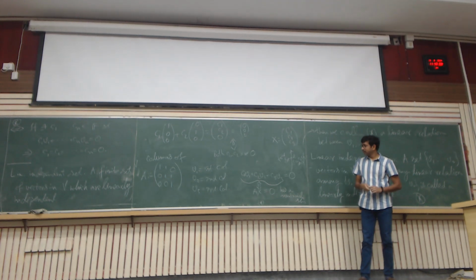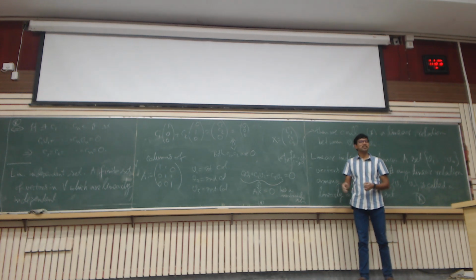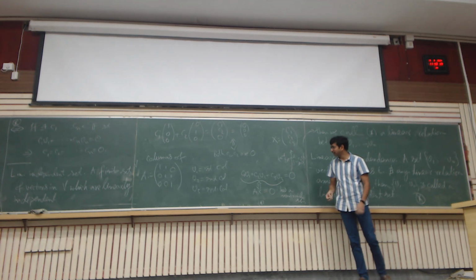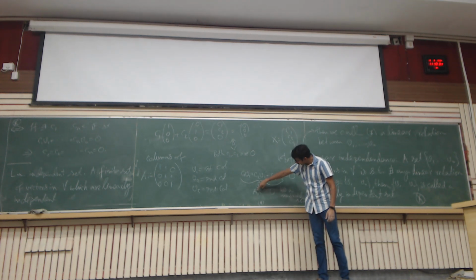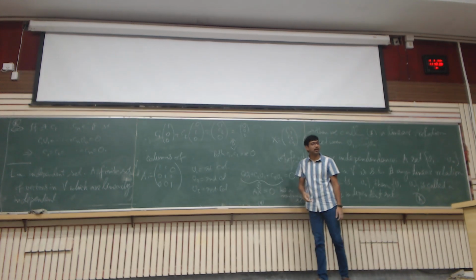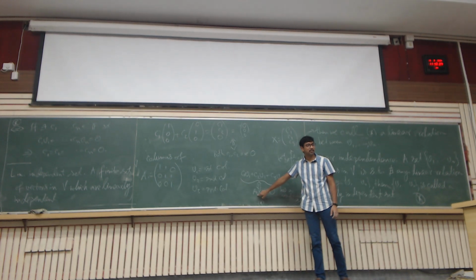Now we talked about something in the past classes, not on day 1, but in the intro or a little bit after that. If we take this matrix A, its determinant is going to be 1. That means this is invertible. So if you multiply with its inverse from the left, you get x equal to 0.